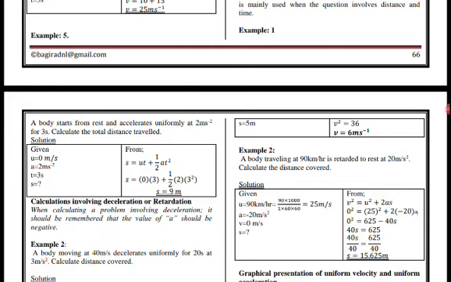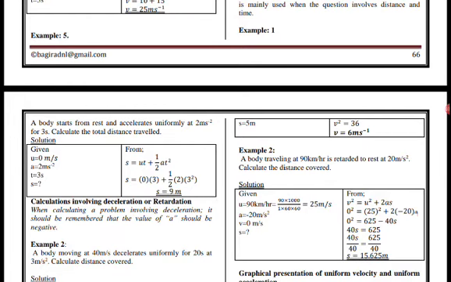It means that this body starts with a velocity of 0 meters per second and then accelerates uniformly at 2 meters per second squared. That means that acceleration is 2 meters per second squared, and then for 3 seconds, therefore the time is 3 seconds.